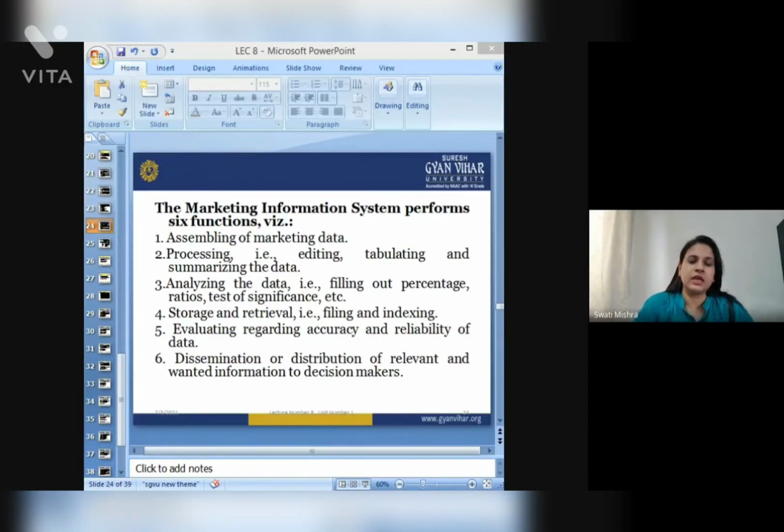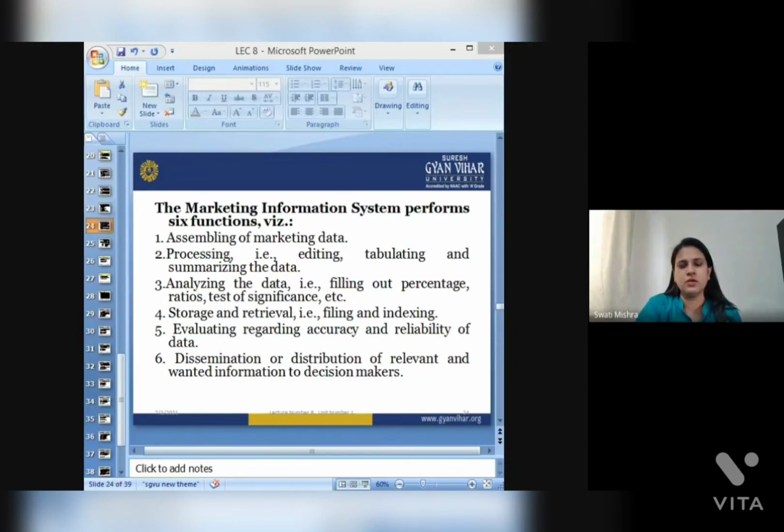Similarly, any kind of storage and retrieval, filing and indexing, and sometimes evaluating regarding the accuracy and reliability of the data, or maybe dissemination or distribution of relevant and wanted information to the decision makers, is all a part of the marketing information systems functions as we frame them.